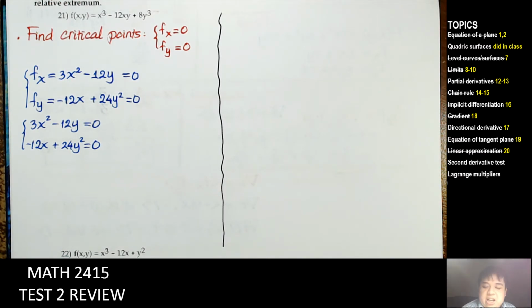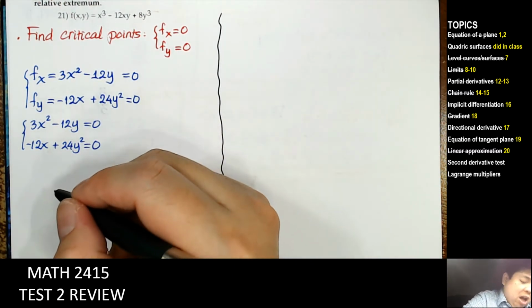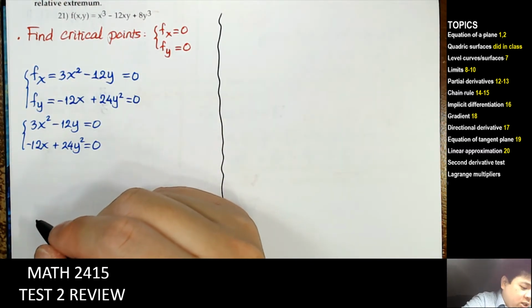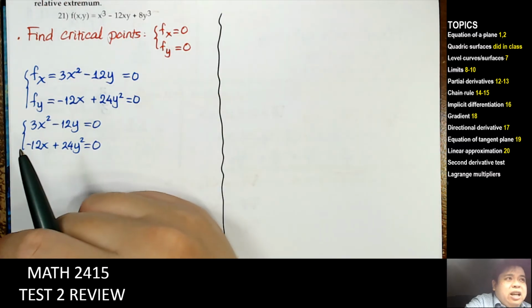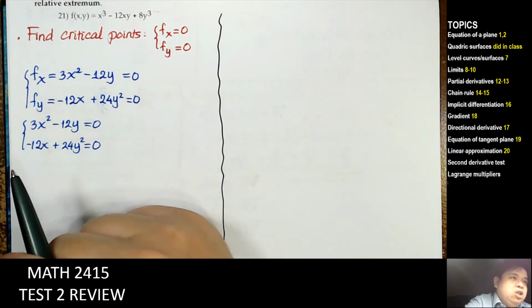This is a nonlinear system of equations. We cannot use the calculator to find the reduced row echelon form. It's not going to work like that. So we have to go back to algebra, either elimination or substitution. I will go with elimination here.